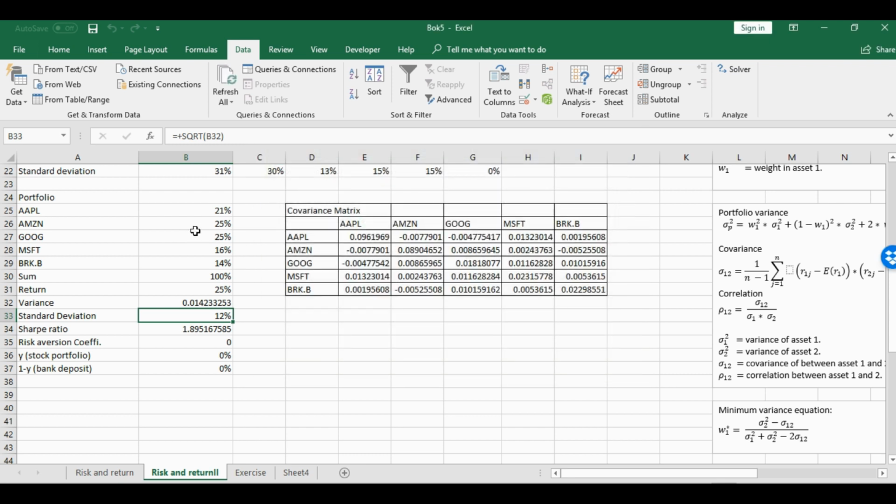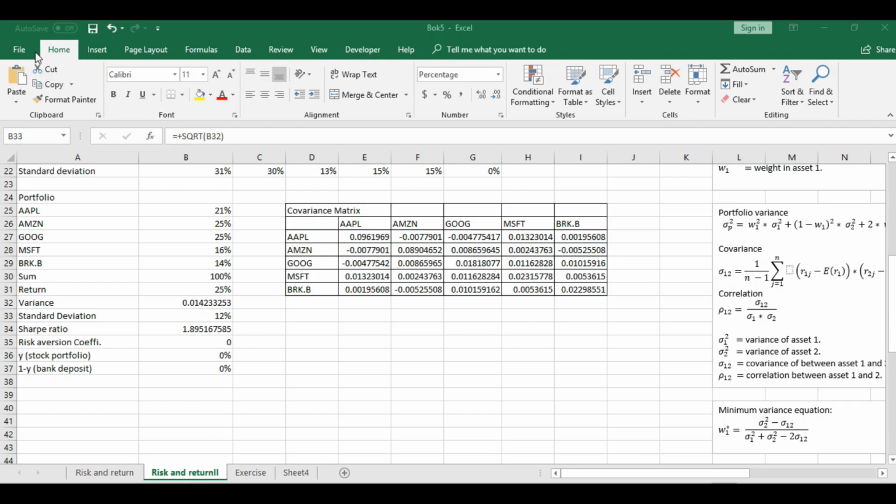This gives 25% in Amazon and in Google, 21% in Apple, 16% in Microsoft, 14% in Berkshire, and this gives a Sharpe ratio of 1.89, return of 25% and standard deviation of 12%.